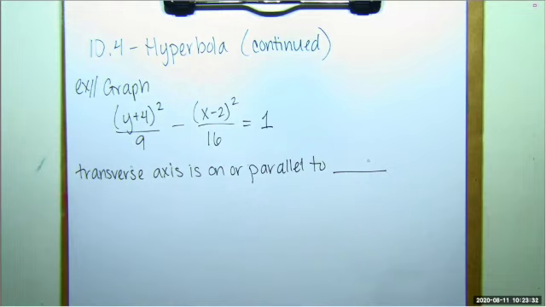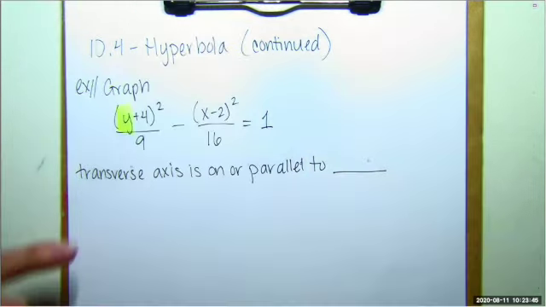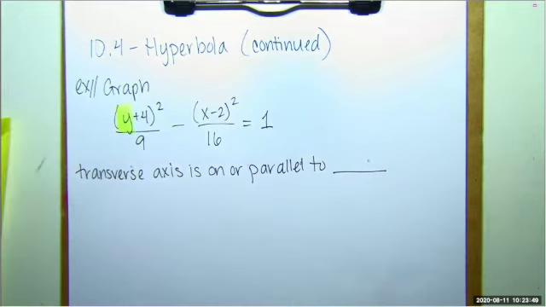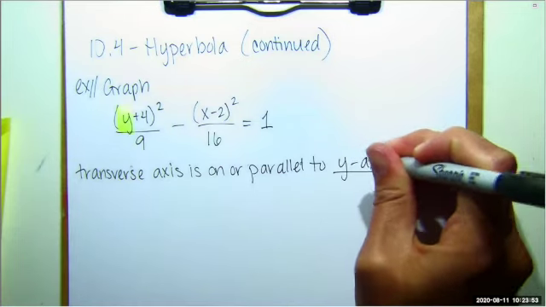The way we determine that for the hyperbola is based on what variable occurs first. This is very different than the ellipse, where we determine where the major and minor axis are. Here in our equation, whatever variable occurs first tells us where the transverse axis is. So here the transverse axis is going to be on or parallel to the y-axis.